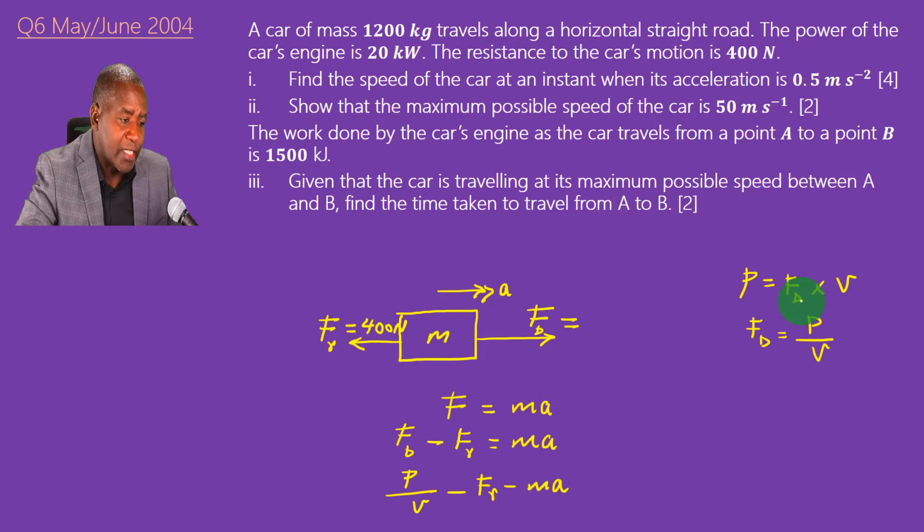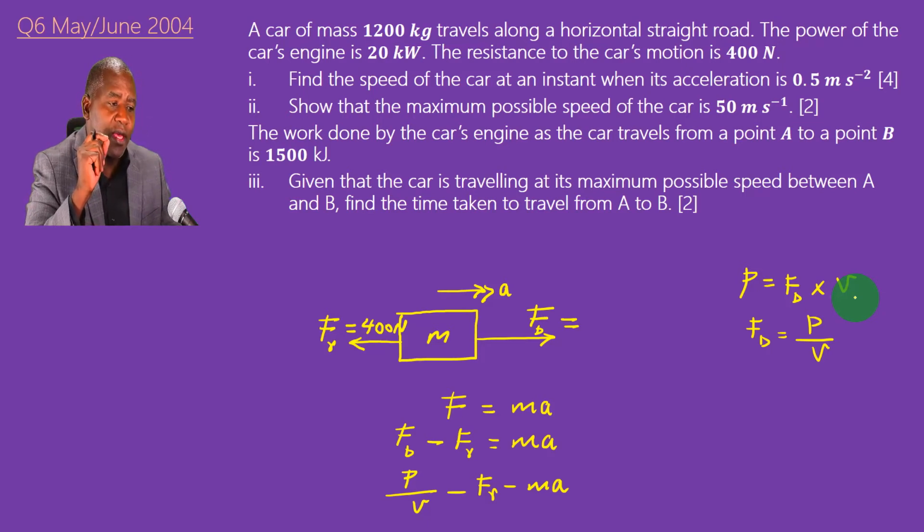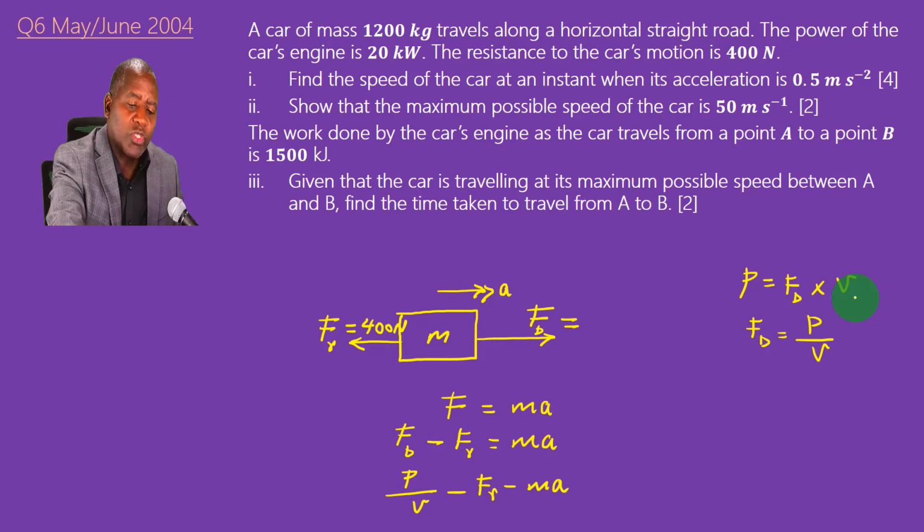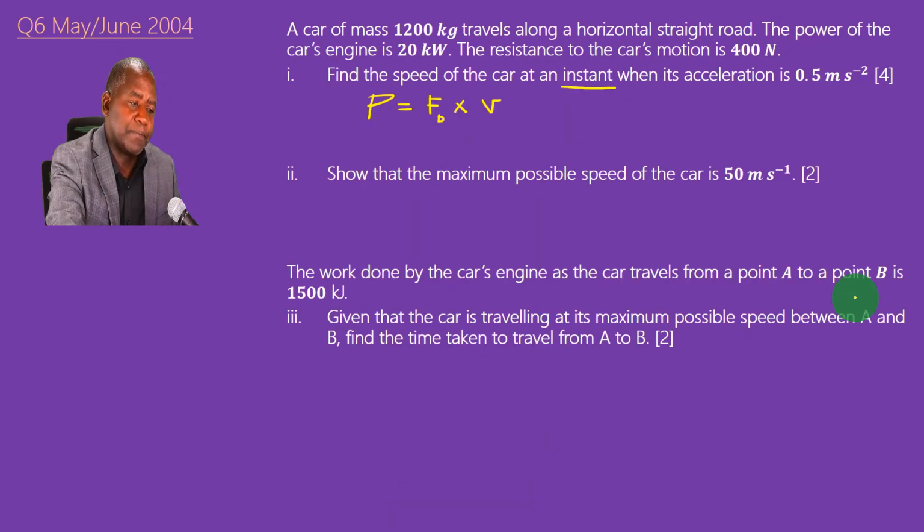So remember, this equation is used in two instances. When the speed of the car is uniform throughout, or at a particular instant of time when we are given a certain speed. At that instant, we can use that equation because the driving force is producing a certain amount of force which produces that acceleration at that particular speed. So that is the equation we want to adapt in our calculation here.